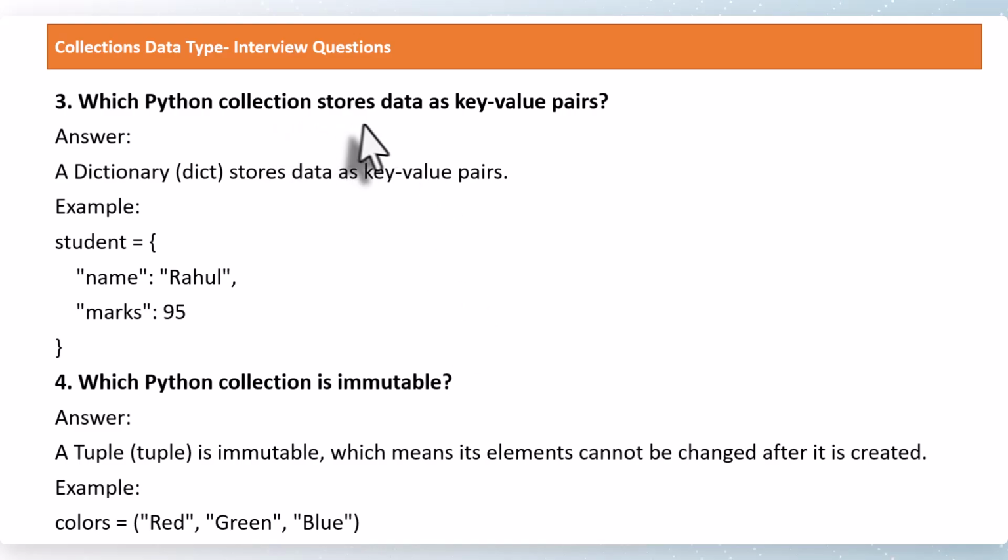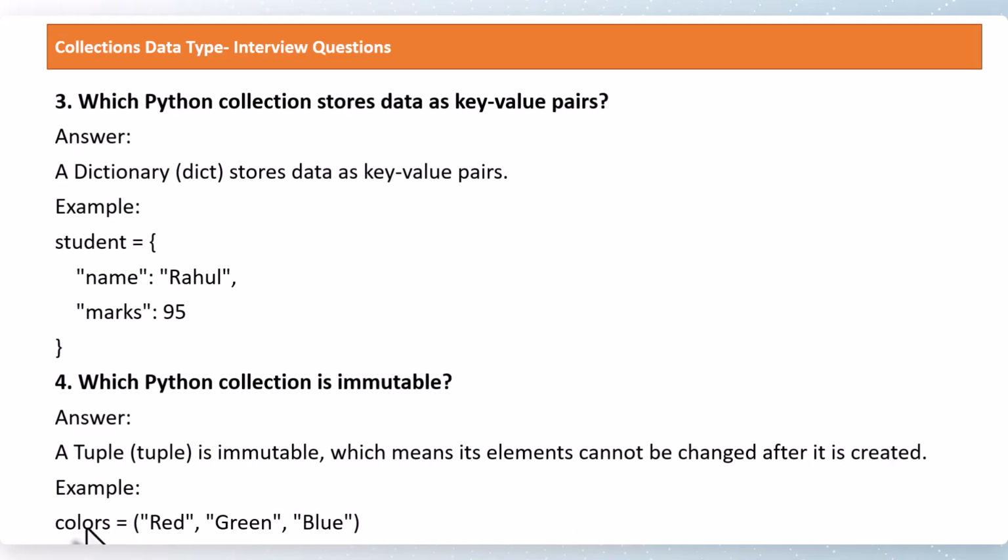Which Python collection stores data as a key value pair? A dictionary stores data as key value pairs. Here I have given an example: student equal to key name value Rahul, key marks value 95. Which Python collection is immutable? A tuple is immutable, which means that its elements cannot be changed after it is created.